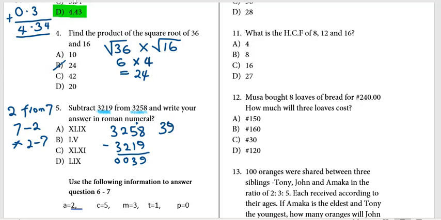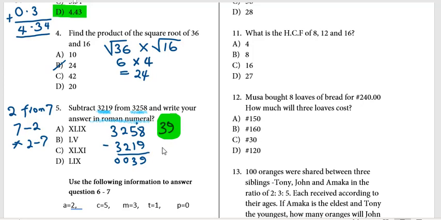Okay, what is 39? Because we need to pay attention to information. It says write your answer in Roman numeral. So what is 39 in Roman numeral? Don't be confused when you solve and you don't see the value here. Make sure you read through the question and be sure you solve for the right thing if you follow the instruction completely.